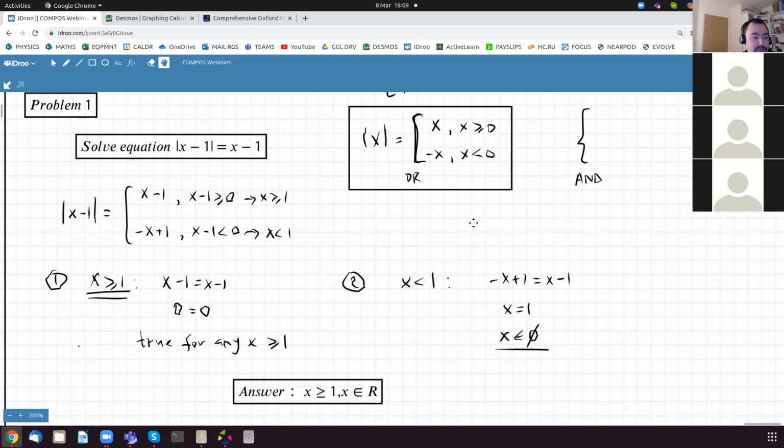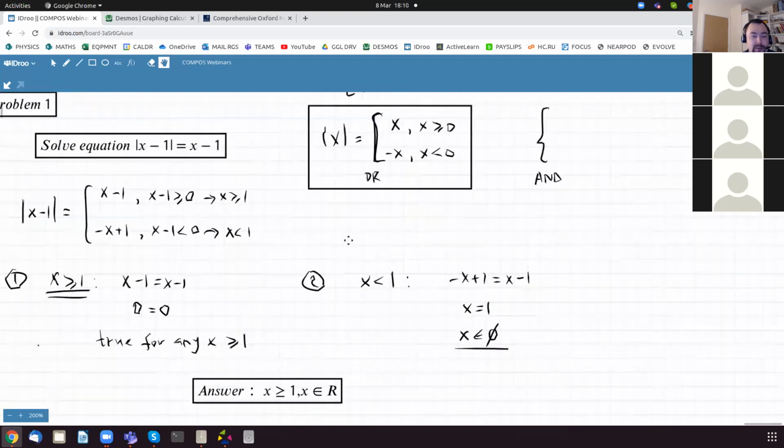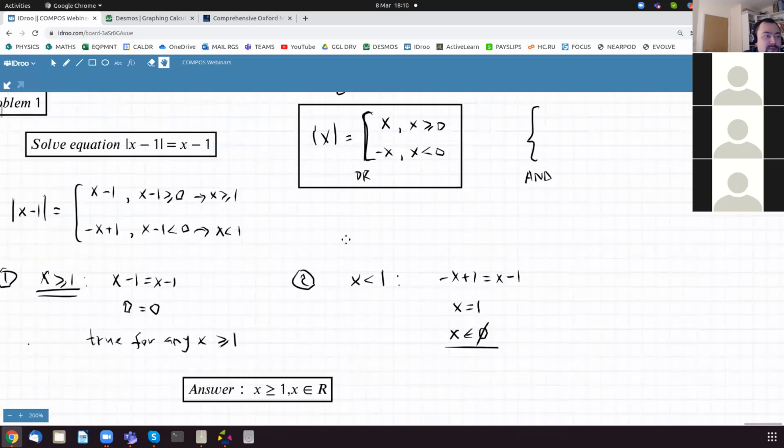Yeah, you could have, of course, but then you would get... So look what happens if you do. If you square a modulus, the modulus kind of goes away. So you could have said, okay, x squared minus 2x plus 1 equals x squared minus 2x plus 1.